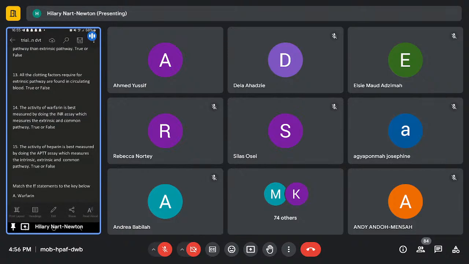13. All the clotting factors required for extrinsic pathway are found in circulating blood. True or false?